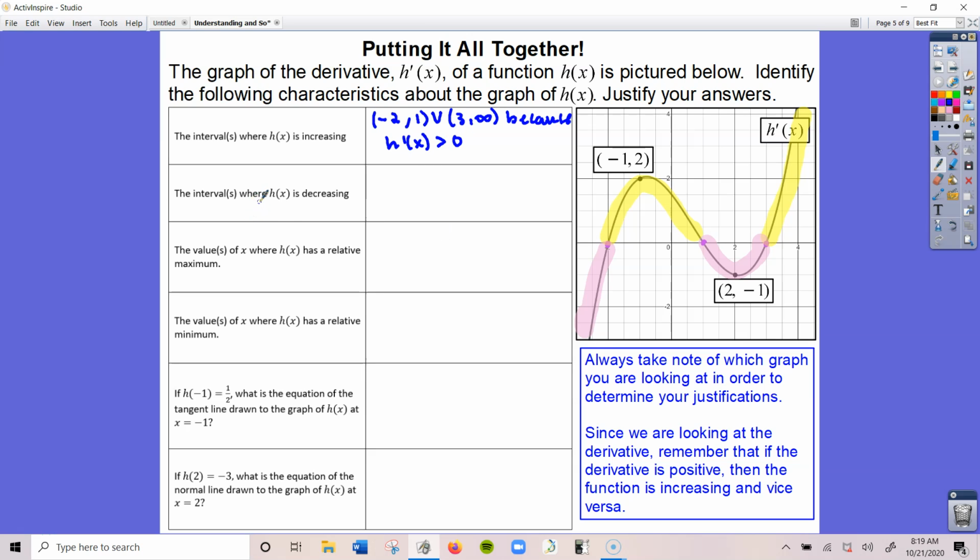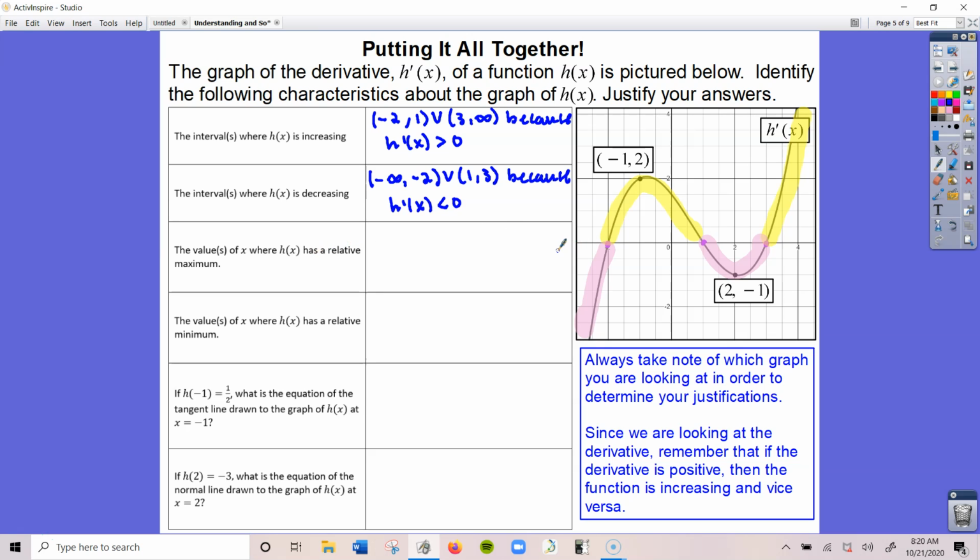Now when my function is decreasing, that's the pink here, and that would be from negative infinity to negative 2, union 1 to 3. And this is because h prime of x is less than 0. Now the values of x where h of x has a relative maximum.